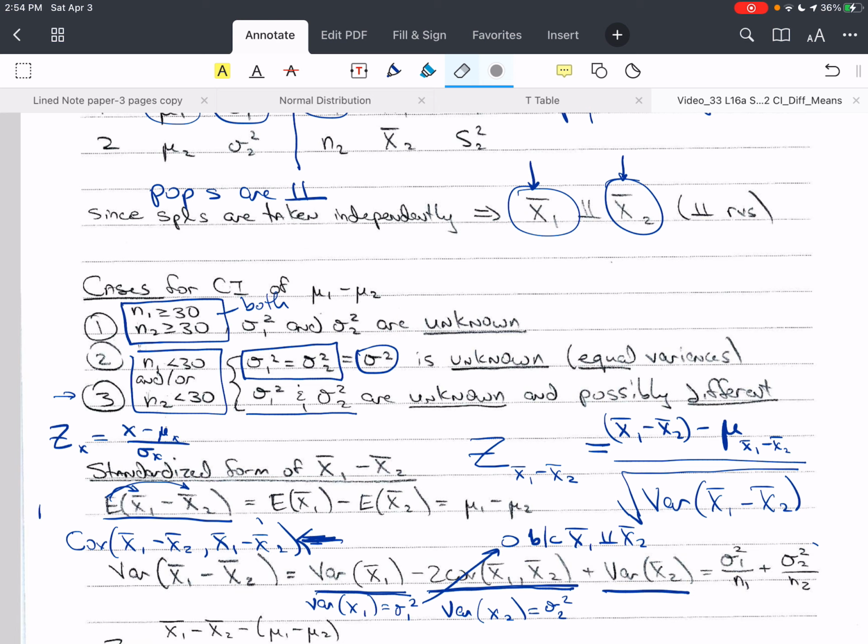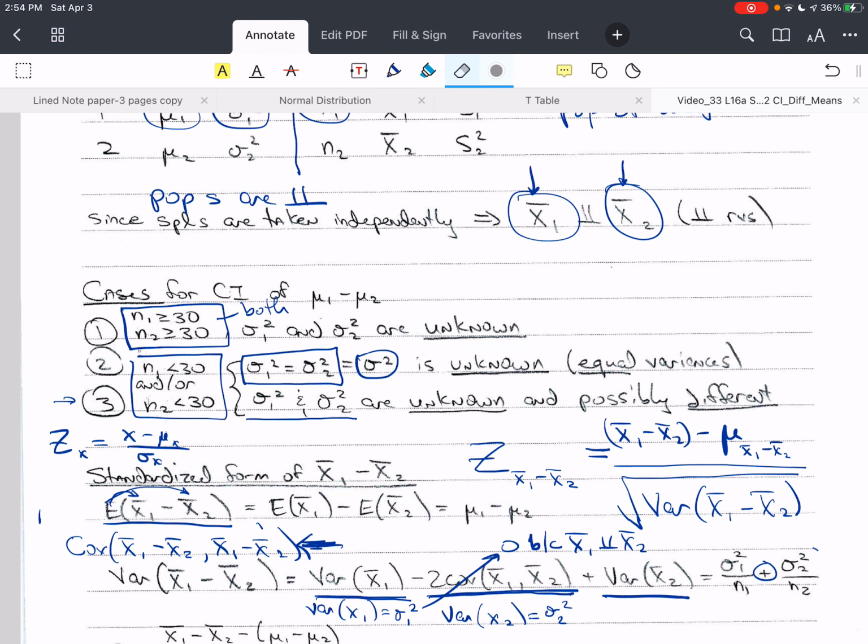You say, well, why is it a positive instead of a negative? That's a good question. Let's go back to our properties of covariance. Remember that the variance of x is equal to, let's just do negative x here, the variance of negative x is equal to the covariance of negative x with negative x.